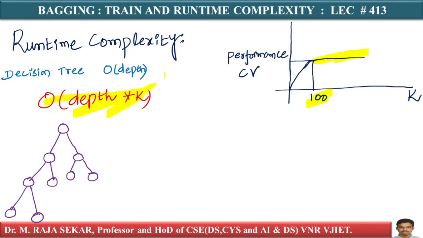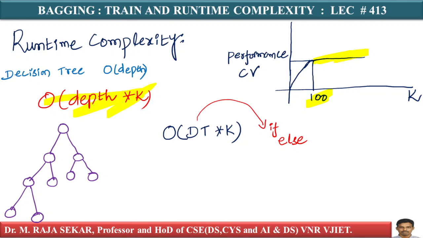Of course, there are a lot of engineering aspects of machine learning which you only learn when you actually implement them. What about the space complexity at runtime? We need to store all the decision trees, multiplied by k. At each internal node, we have to store the decision, so order of decision tree times k.